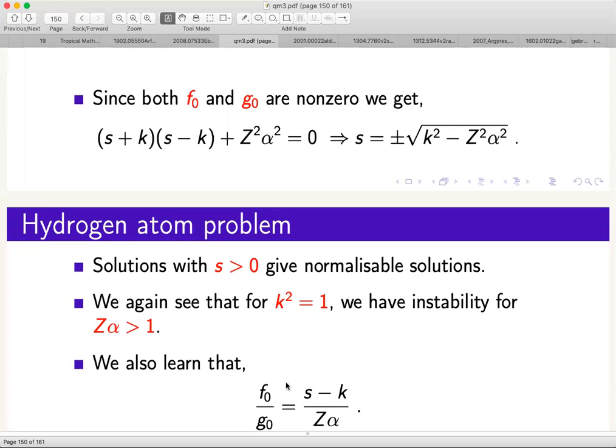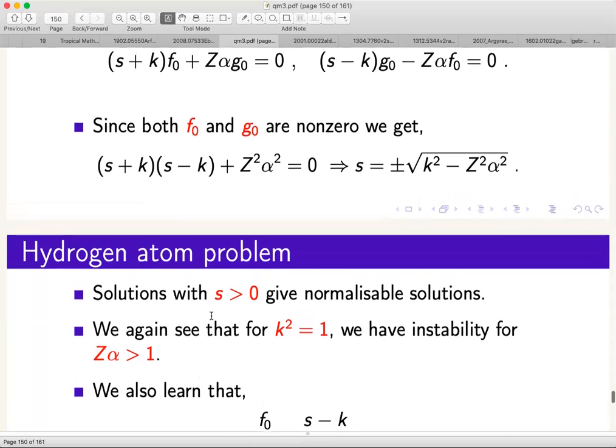There is no instability in this problem. So that additional factor of 2 is the one which saves us here. Is that fine? So yes, this is a condition for stability of all the atoms that we have seen so far.